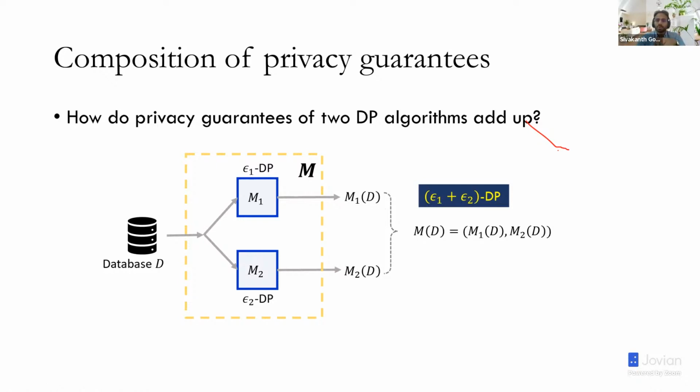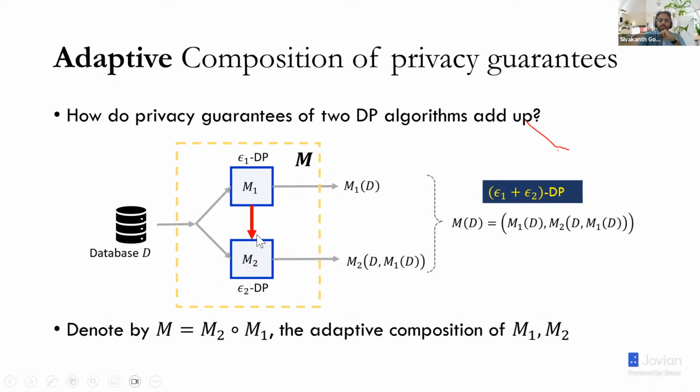If you keep releasing information about a database using differentially private algorithms, the privacy loss just adds up. Moreover, you can do it adaptively, which means the second algorithm can look at the output of the first one, and still, if each is individually differentially private, the whole process is differentially private.